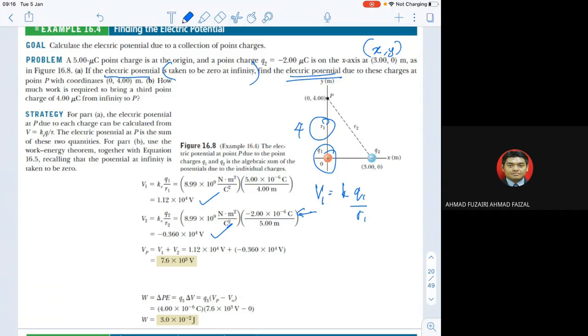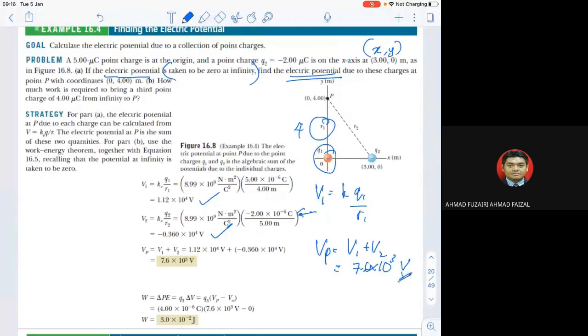Simple calculations. And of course, they want to know the electric potential due to these two point charges. So Vp is equal to V1 plus V2. Just do a simple addition of the values, and the answer should be 7.6 times 10 to the power of 3.